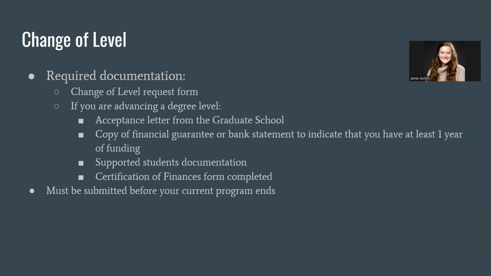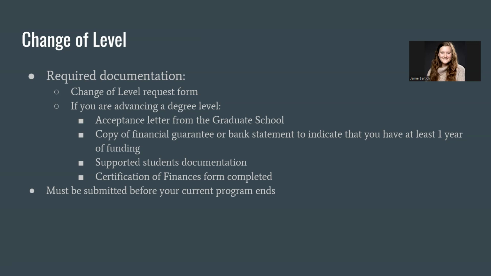Typically, when a student is supported, the amount that they are getting in tuition and a stipend is more than enough to cover the expenses on the I-20. Finally, you will need to be sure to complete and attach the Certification of Finances form, which indicates where your sources of funding are coming from.